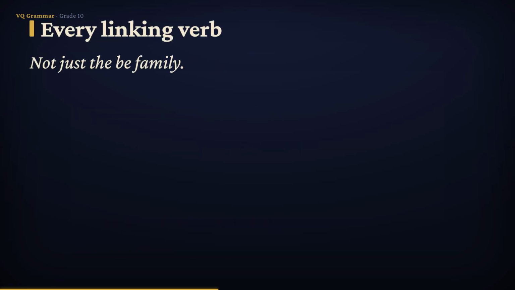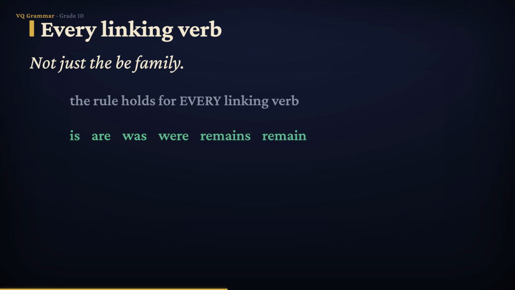One quick expansion, because linking verbs are not only forms of be. The rule holds for every linking verb you will ever meet. Is, are, was, were. That is the be family, the one you know best. But it also covers remains and remain, becomes and become, seems and seem, appears and appear.